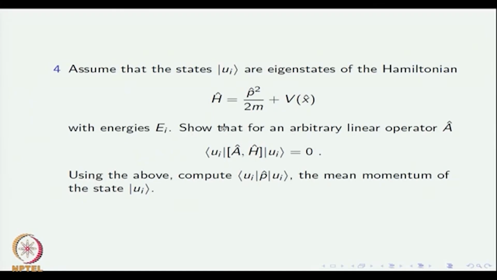You have to show that for an arbitrary linear operator A, when you take the commutator of A with the Hamiltonian and take the average, you will obtain it to be 0.